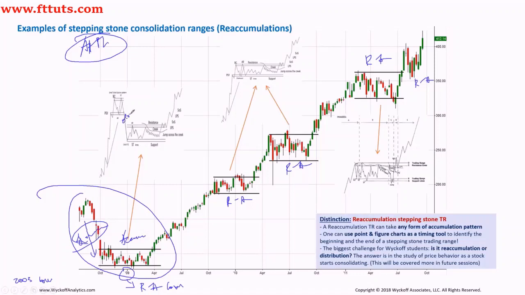So here is that schematic that I've just shown you, and it just shows examples from life. This is how it unfolded. And then as we go to the next meaningful consolidation, this consolidation is a reaccumulation, and it has a higher low in phase C. So it looks like this.